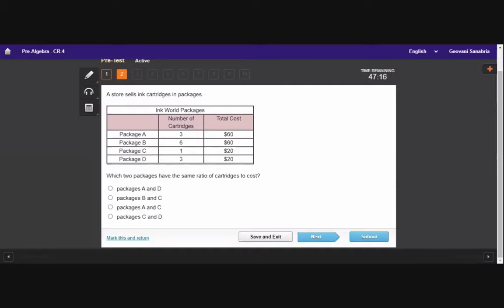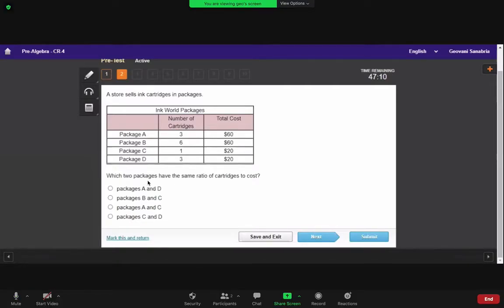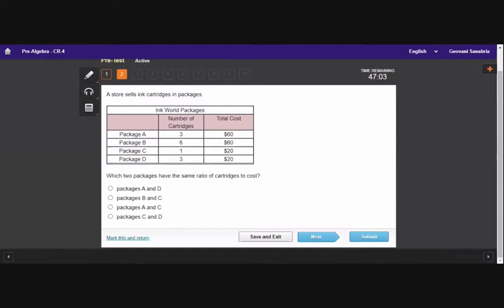I'm still getting the 6 divided by 60 would be the lowest. Well, it's not asking that. But it's the same ratio, right? Yeah, so you got to pick 2 of them. 2 of them should come out to the same decimal. 3 divided by 20.